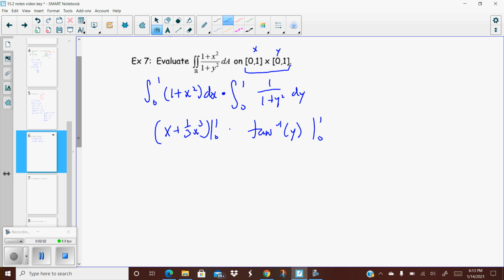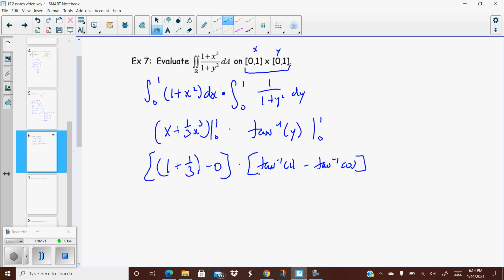So let's see what we get. Plugging in a 1 for the x's, we get 1 plus 1/3 minus 0. All right, so we're going to get the inverse tangent of 1 minus the inverse tangent of 0. So now we have to remember all of our values. So on the left side, we get 1 plus 1/3, which is 4/3.